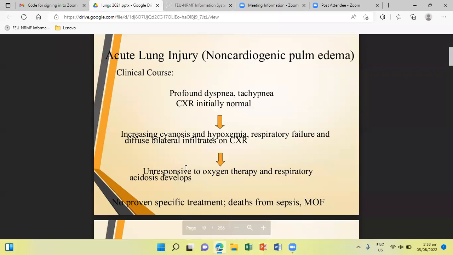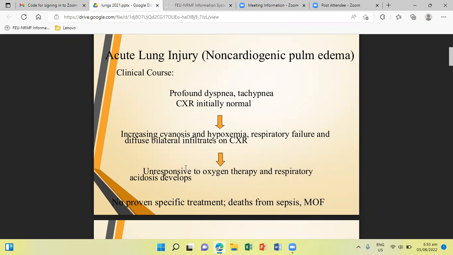So, individuals who develop ALI are usually hospitalized for one of the predisposing conditions that was enumerated a while ago. You are expecting difficulty of breathing and tachypnea, which is followed by increasing cyanosis and hypoxemia. Respiratory failure is expected.